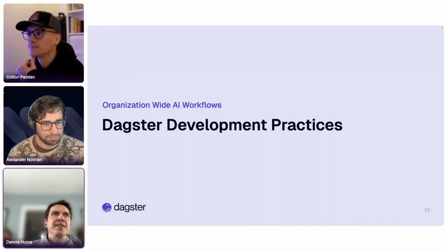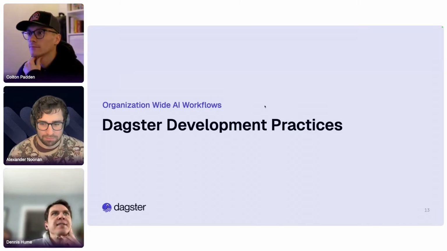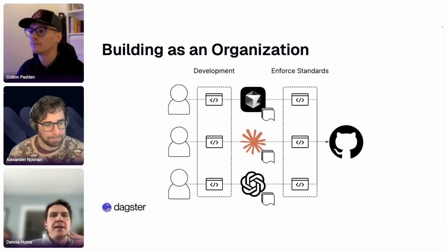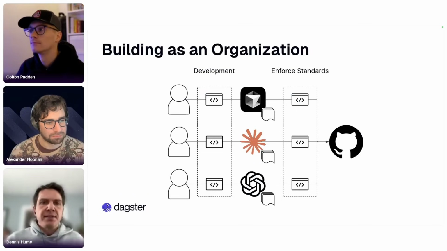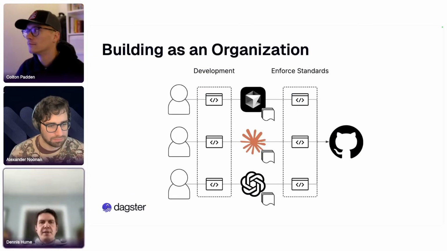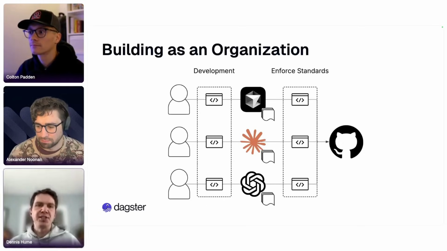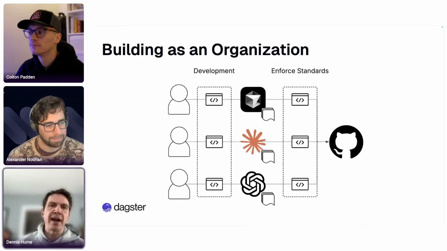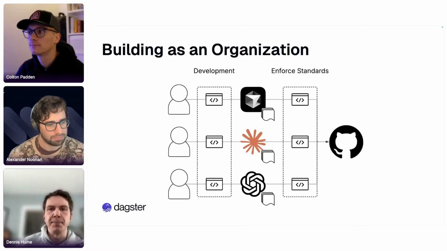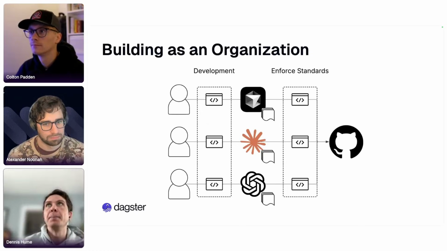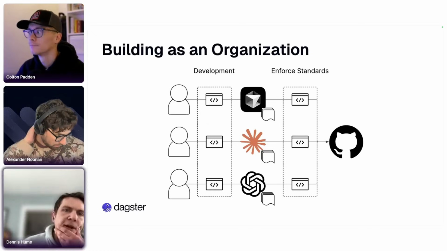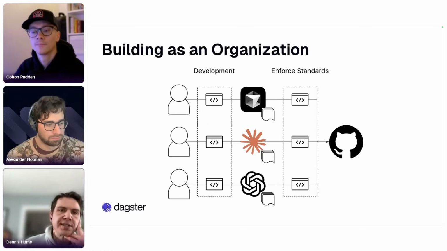So if you want to go on to the next slide. You can see that if you do everything just in parallel or completely independent of each other, you really still have that real bottleneck around PR review and enforcing standards.